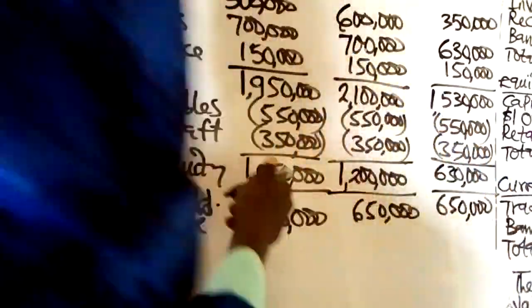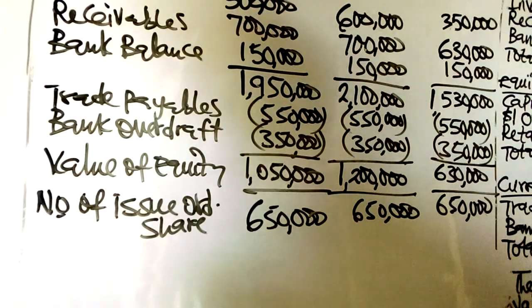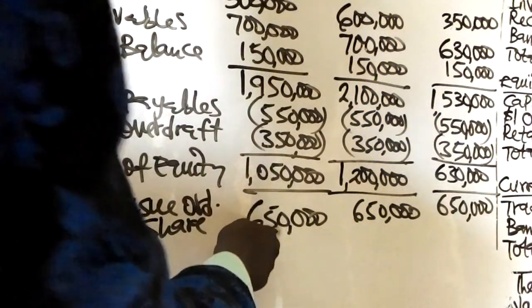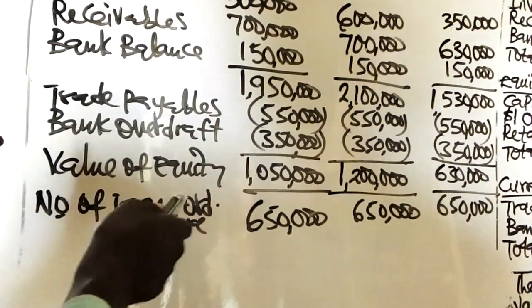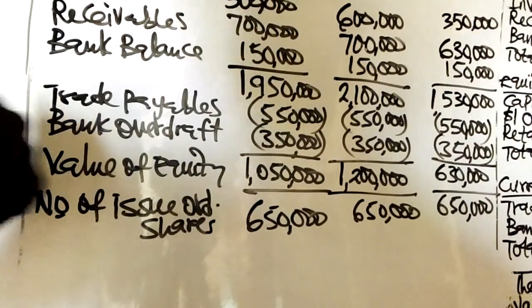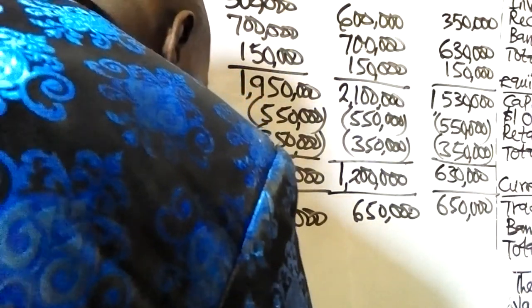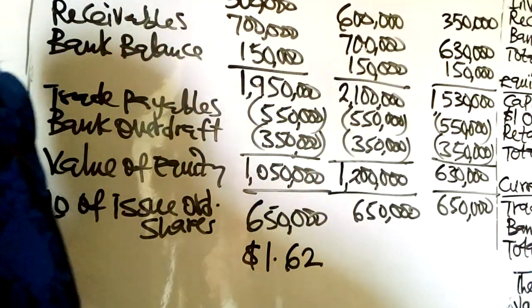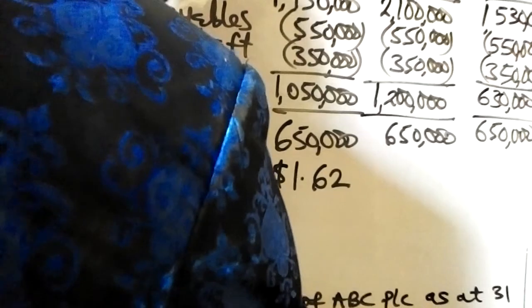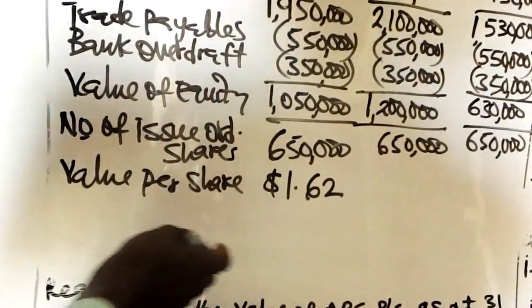If you now divide the value of equity by the number of ordinary shares, you have 1,050,000 divided by 650,000, and that will give us $1.62. That is value per share. This is the market value, $1.62.